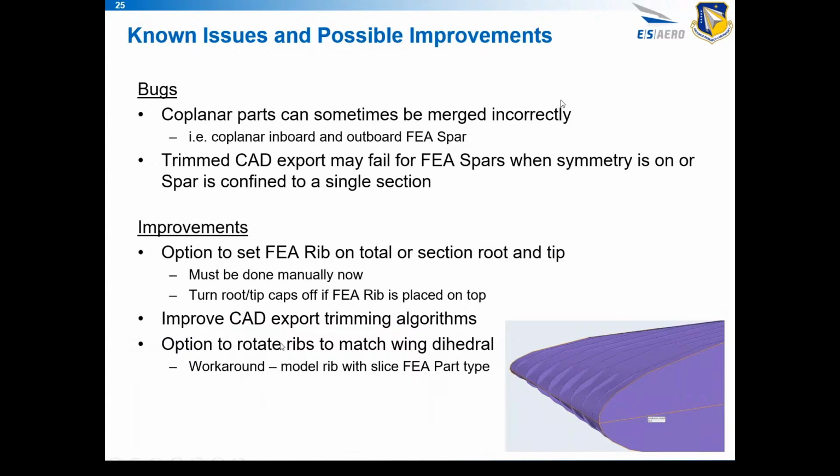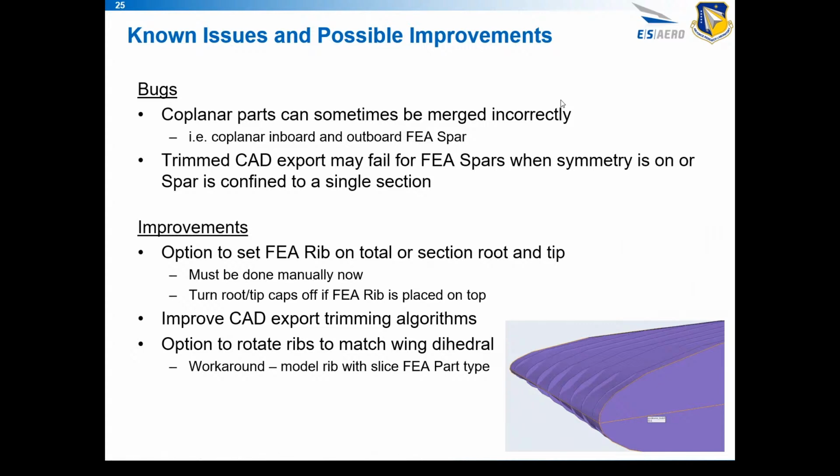A couple of improvements, I mentioned a few of them on the previous slide. There have been a few other suggestions that I've been told of. So an option to set a rib on the total or sectional root and tip.